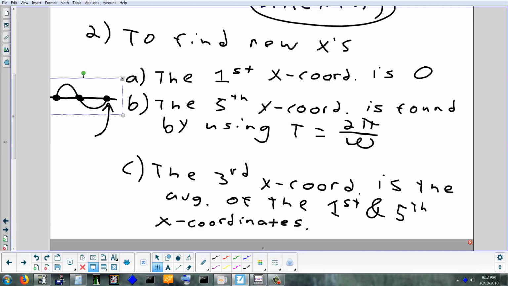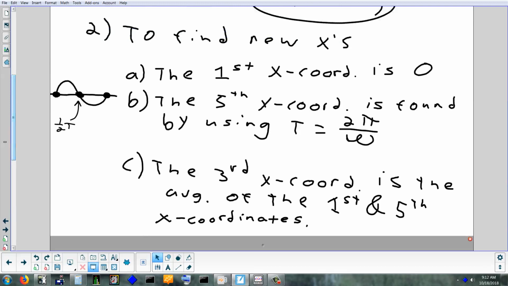This number is always basically half of t, because you're always averaging a number with 0. Anytime you average something with 0, you just take half of it. Like if you had 100 and a 0, your average is 50. Just take half of the first number. So yes, that's always going to be half t.